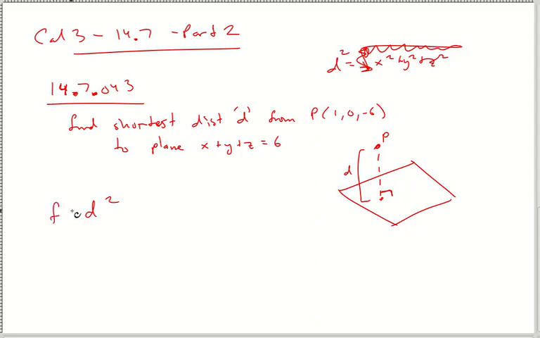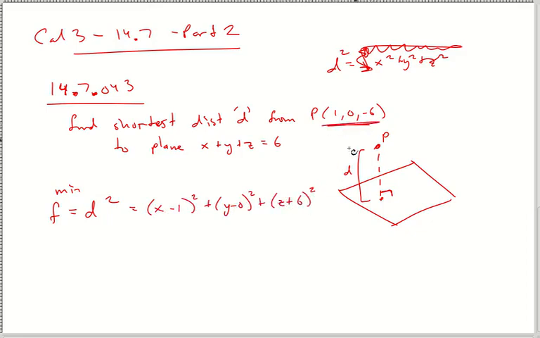And if you maximize d, then you'll also be maximizing d squared, or likewise. So this is going to be my f, just like what I was using in the other problems, f sub x, f sub y. This will be my f now. And again, I'm trying to make this into a minimum. Anyways, so what is that formula now? So I'm going to say (x minus 1) squared plus (y minus 0) squared plus (z plus 6) squared.